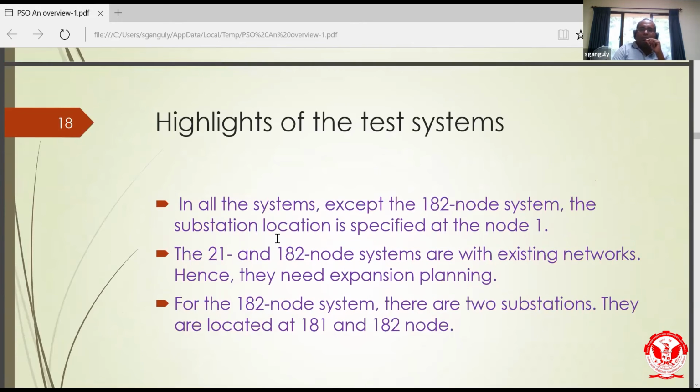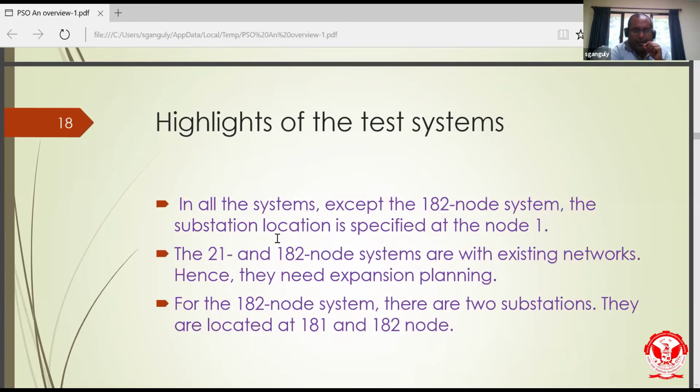All systems except the 182 node system are of single substation. A substation is the starting point of a distribution network from which you are getting power to your home. So all other systems except the 182 node system have one substation. Only the 182 node system has two substations.